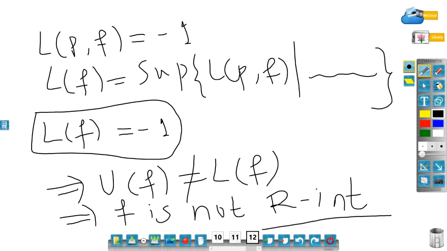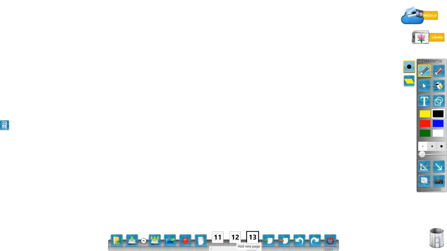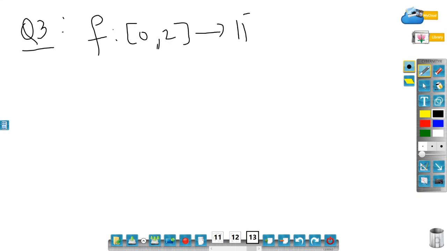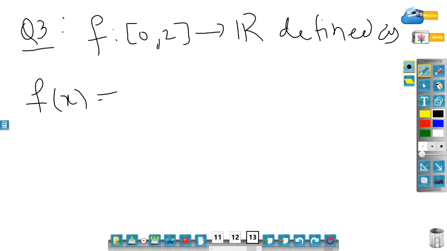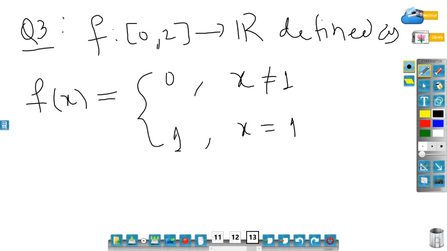Right. So let me take one more example. Question number 3. F is from the closed interval [0, 2] to R, defined as f(x) equal to 0 if x is not equal to 1, and 1 if x is equal to 1.